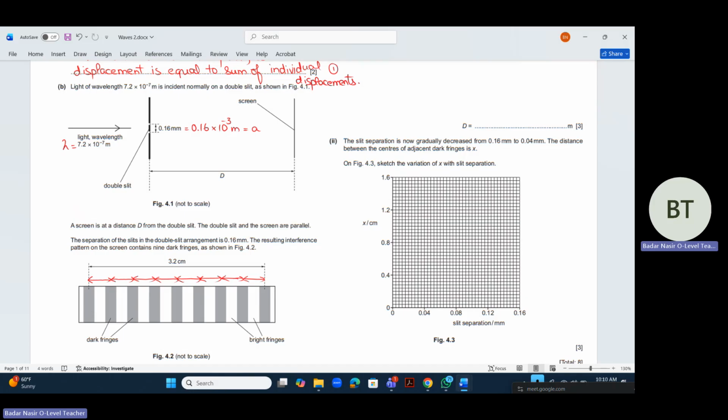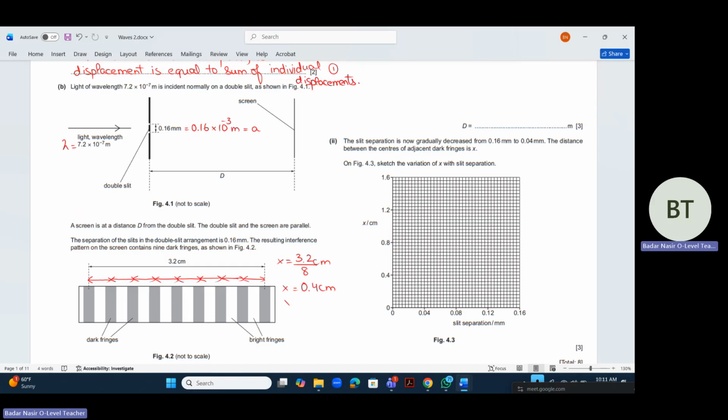So if I have to calculate X, which is the fringe separation, X will be equal to 3.2 divided by 8. So we get 0.4 centimeter. And again, if the value is given in centimeter, we will convert it into meter.